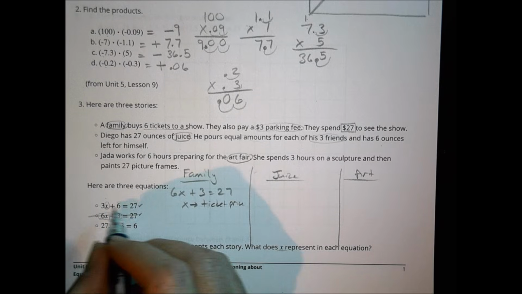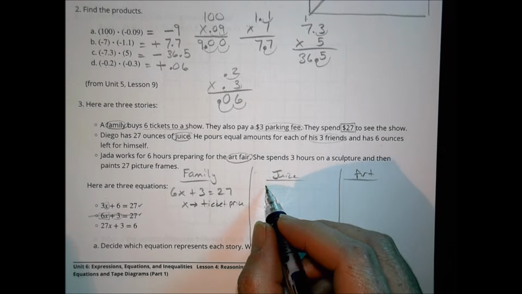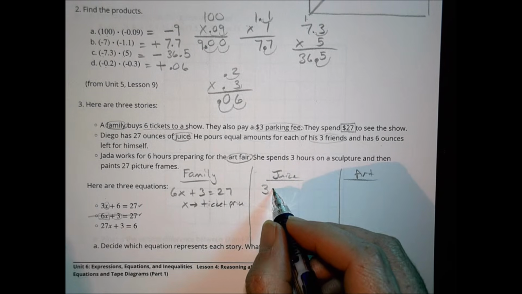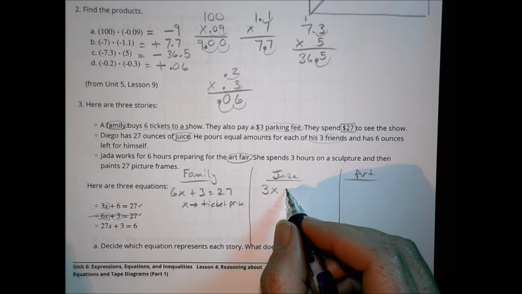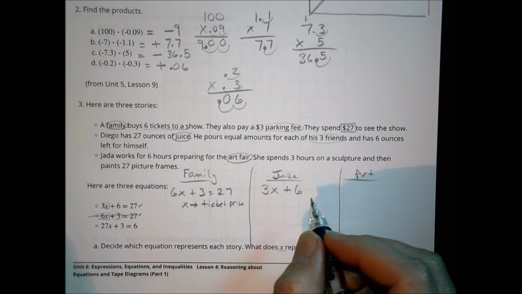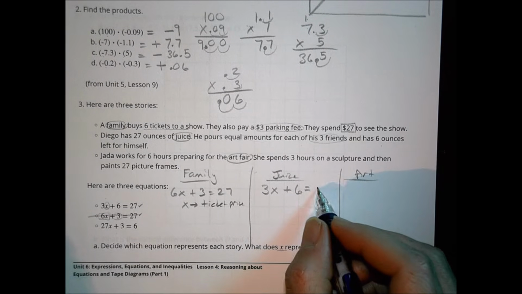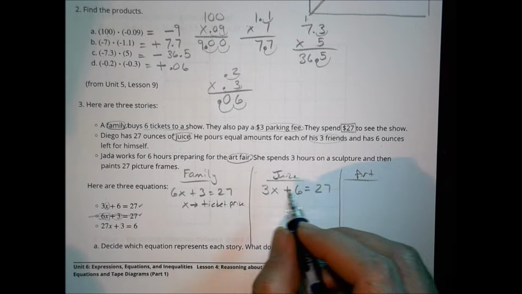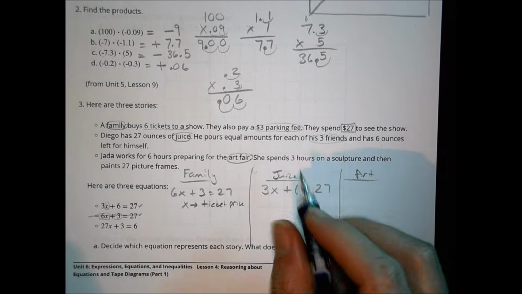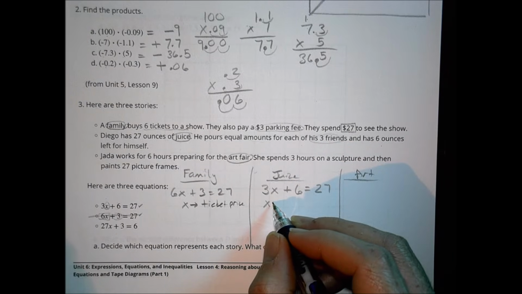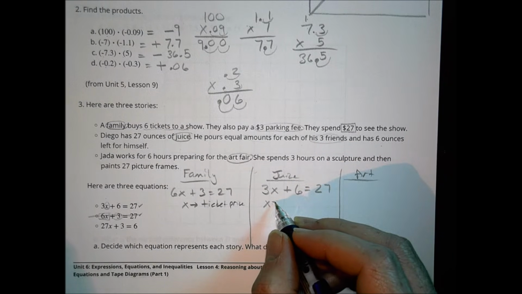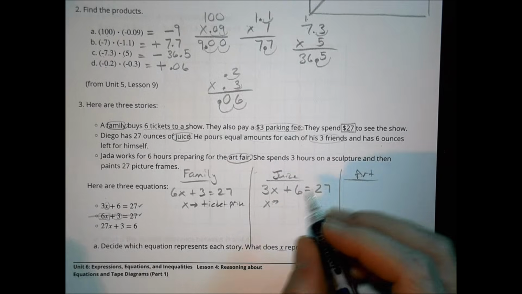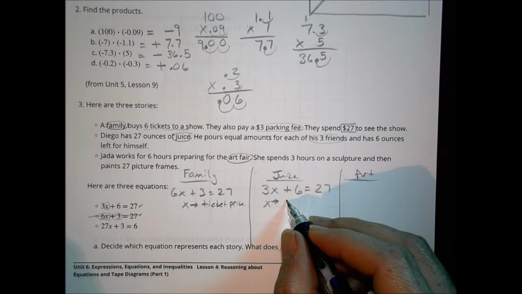It reads almost backwards here, but that's the idea: there are 3 friends who get some juice, and then there are 6 ounces left for himself, and that's why he started off with 27. I could probably write that the other way to make it 27 equals the other thing. So the x in this case is going to stand for the amount of juice each friend gets.